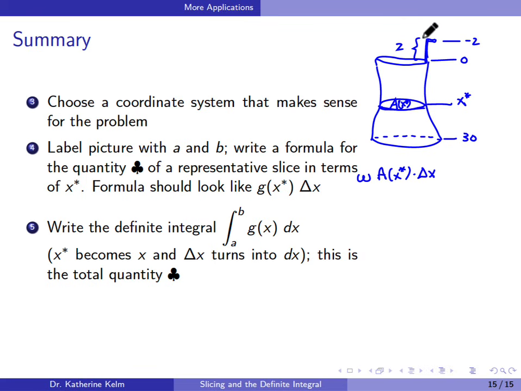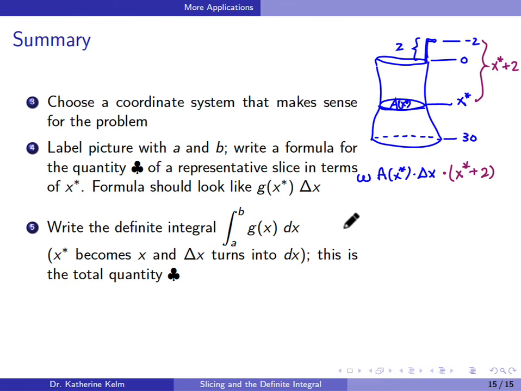And the distance it has to travel is x star plus 2. Okay, so we developed a formula for the work done on this slice.